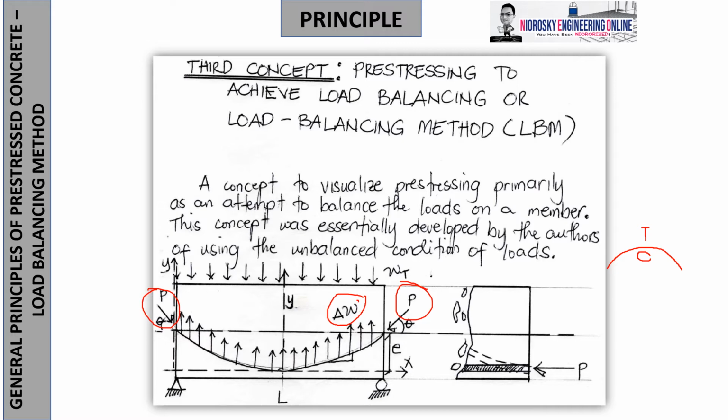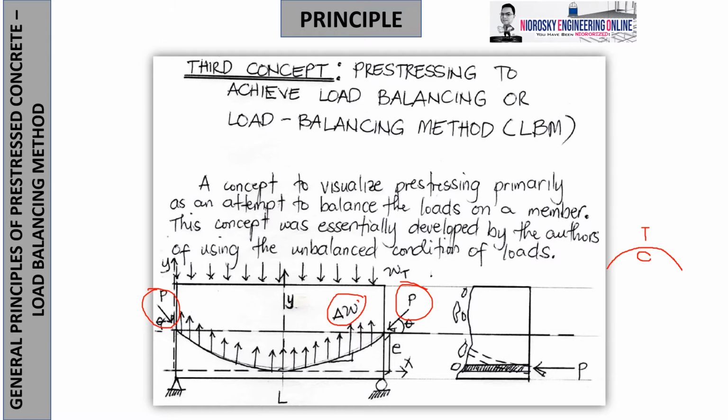Pinagkaiba nito sa C-line method is C-line method only considers the induced compression and tension force as the value of the pre-stressing force, while this kino-convert po ng beam natin into an equivalent uniform load, and it will be called the unbalanced uniform load.